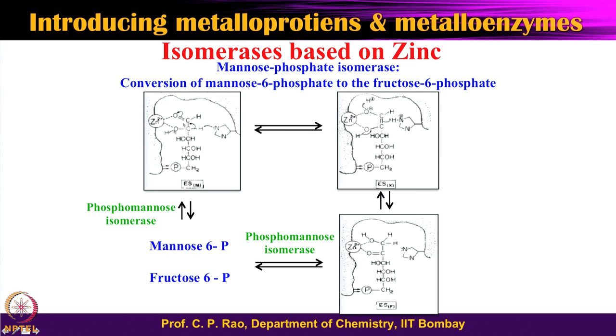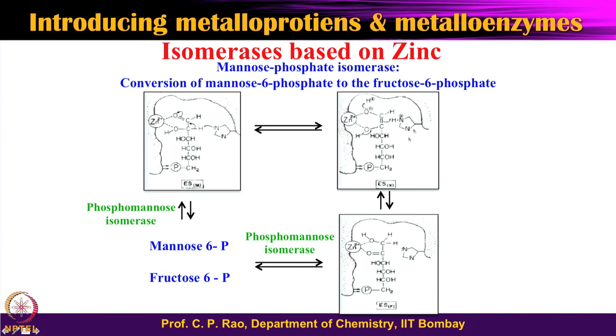Okay. So, basically you have your zinc center in the enzyme where the substrate binds, and that is mannose 6 phosphate, and the substrate interacts through its C1 C2 carbons or C5 C6 carbons through this zinc center, and that triggers the conformational change as well as the reaction.